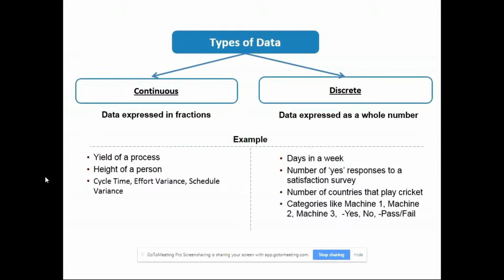Pseudo continuous is data which is not actually continuous, but you can consider it as continuous and use it. For example, many people say percentage is discrete, but you can use percentage as continuous as well. That's why we have taken the yield of the process as an example of a continuous data set.